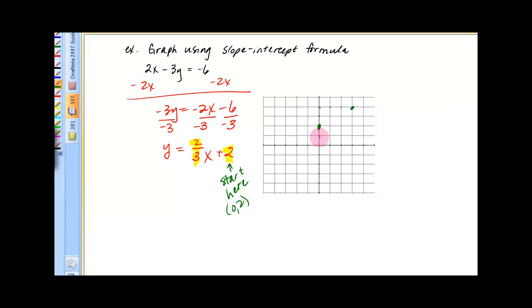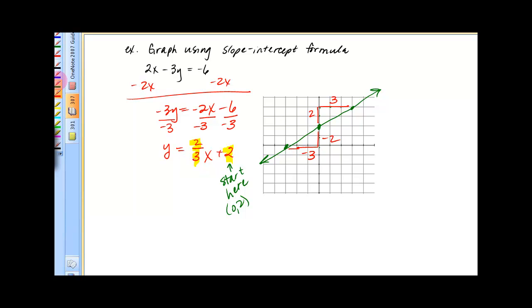Okay, I could go negative 2, negative 3, because a negative and a negative make a positive. And notice they're on the same line. So what did I do? Once again, I went positive 2, positive 3, or negative 2, negative 3, and I still get a positive slope.